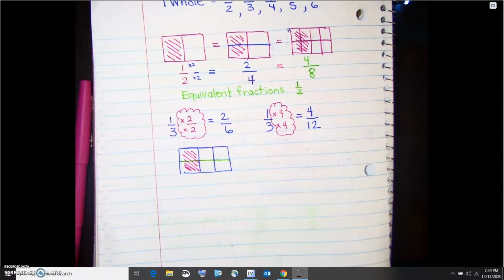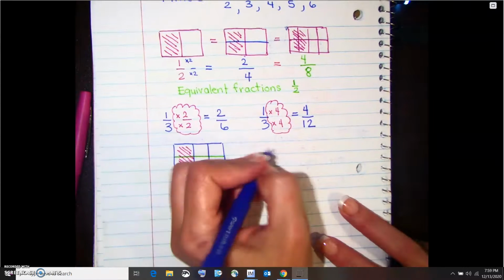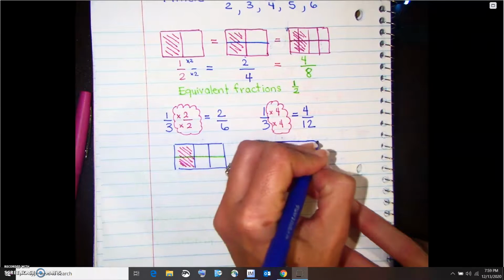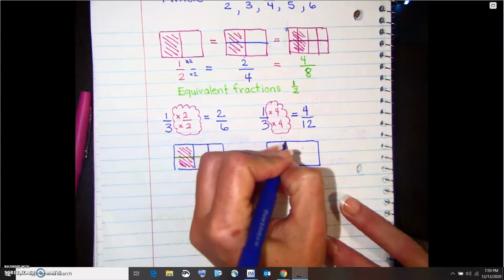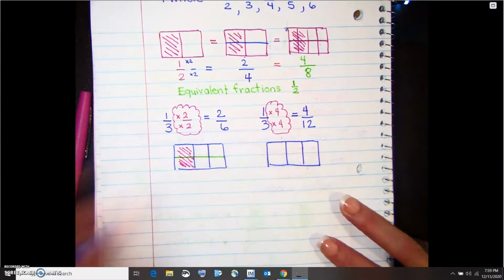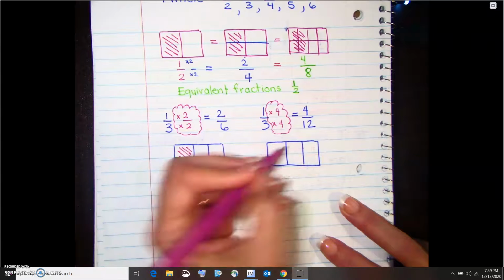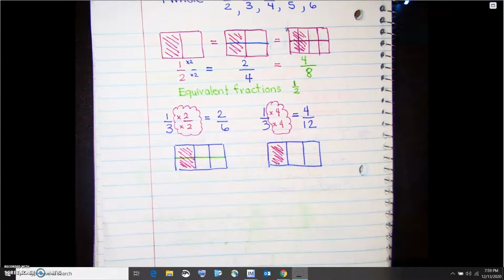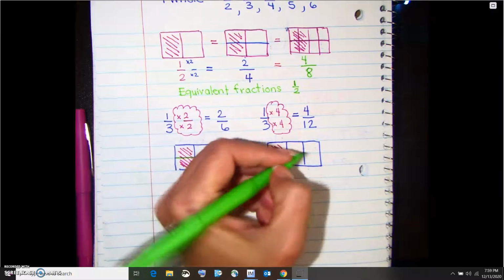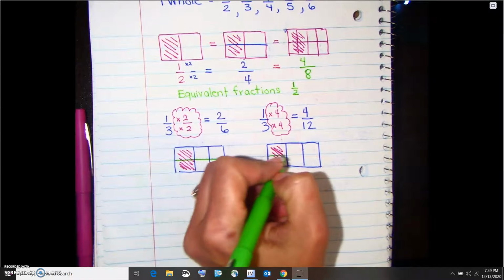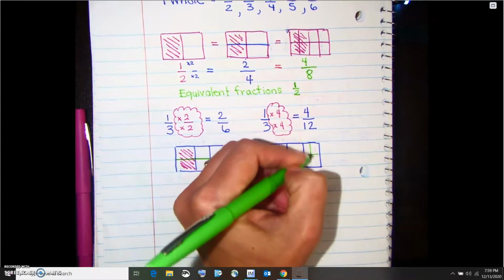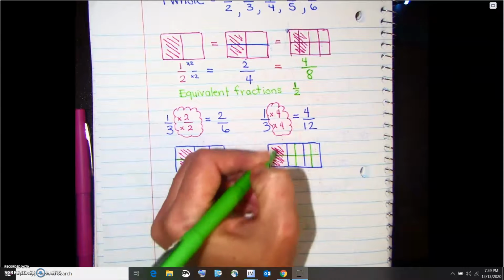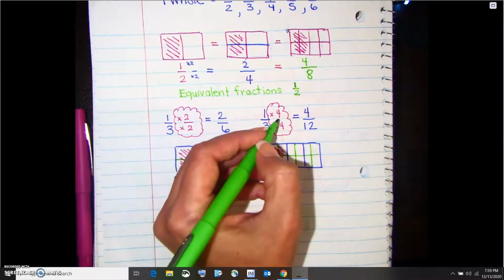Okay, so taking that same picture, this is the last time we're going to prove it with the picture. We have our 1/3, and we've colored it in. And now we're going to draw our lines. I'm going to draw 1, 2, 3, 4, because I said I multiplied it by 4.